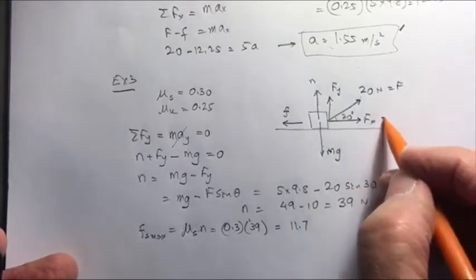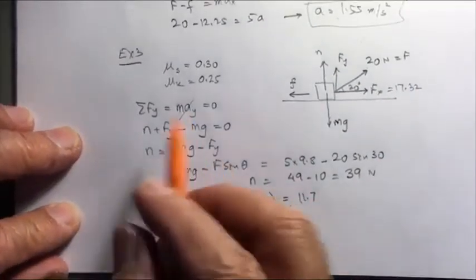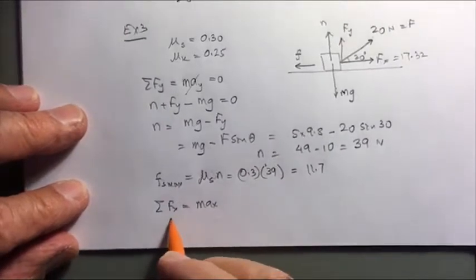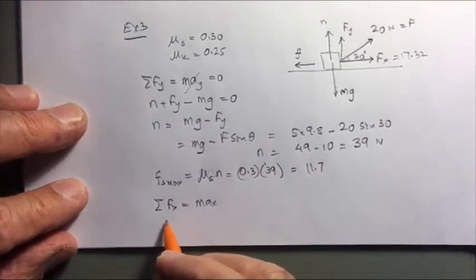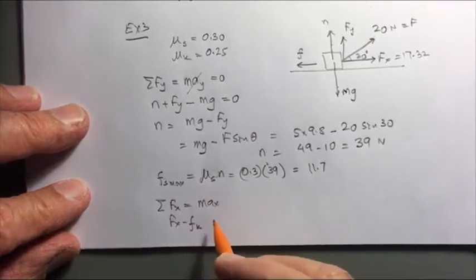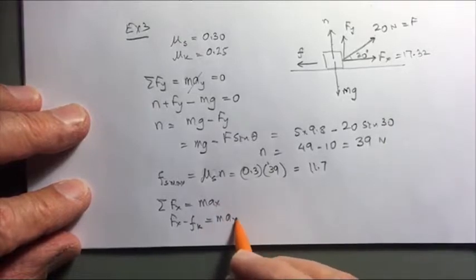So Fx is 17.32, which is greater than the maximum static friction, and therefore it's going to move. So we need to use, in the x direction, max, where the force is Fx minus the kinetic friction, because it's going to slide, so Fx minus the kinetic friction equals max.